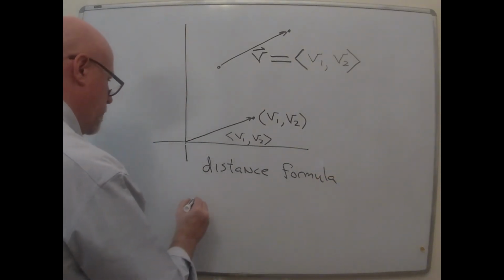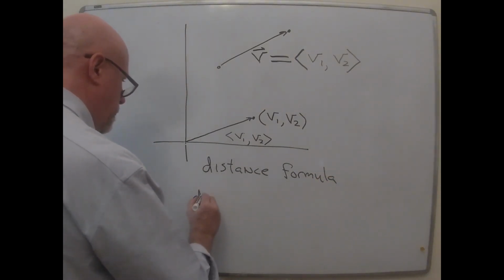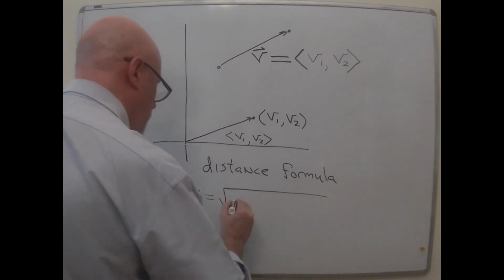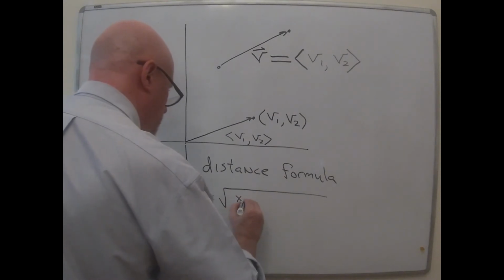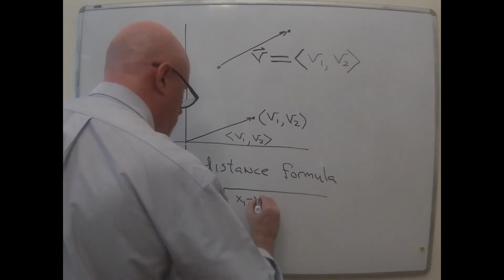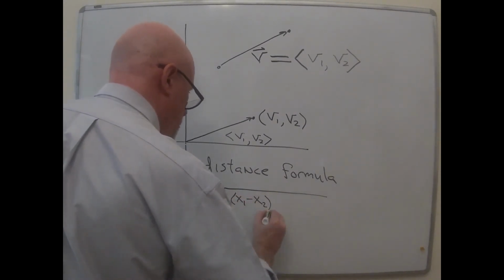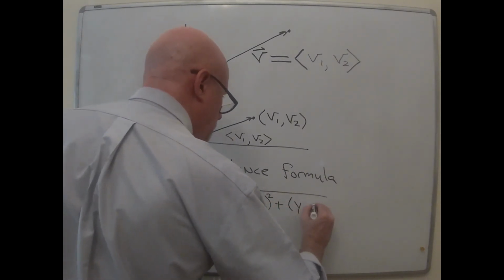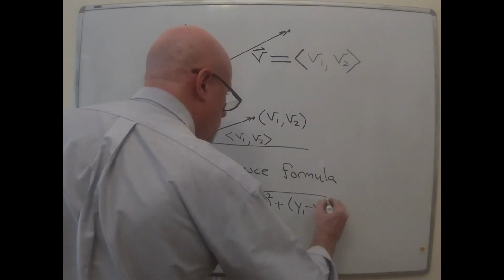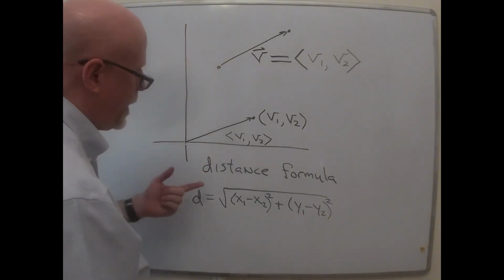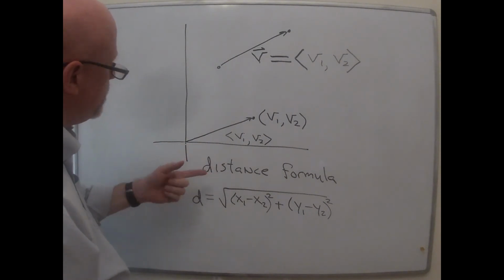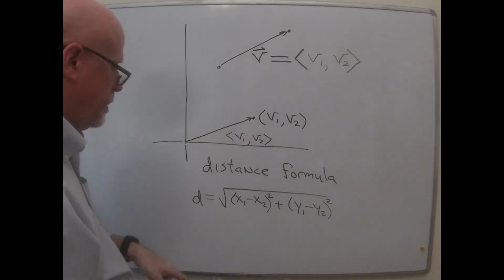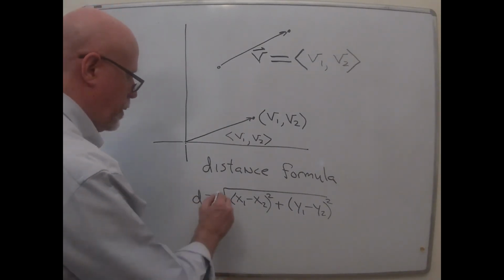I'll give you the distance formula in general. That looks like this. The distance is the square root of the difference of the two x coordinates squared, plus the difference between the y coordinates squared. But that general version of it is not what we need because we're going from 0, 0 to v1, v2. That's a confusing way to deal with subscripts.